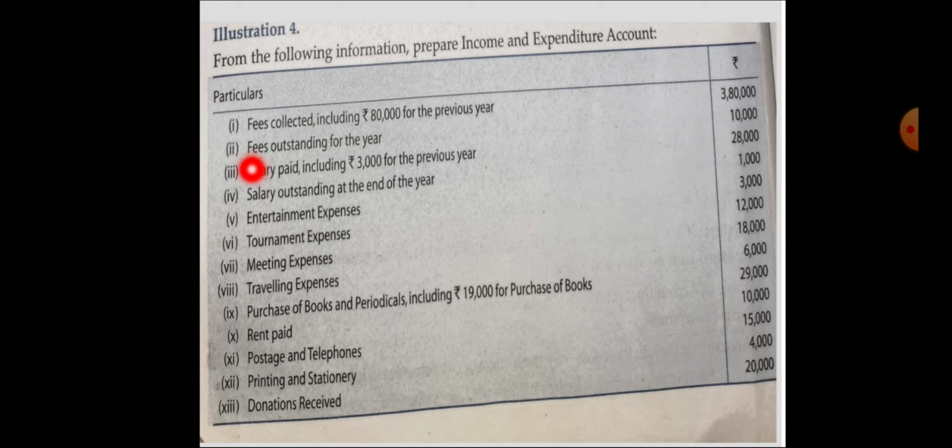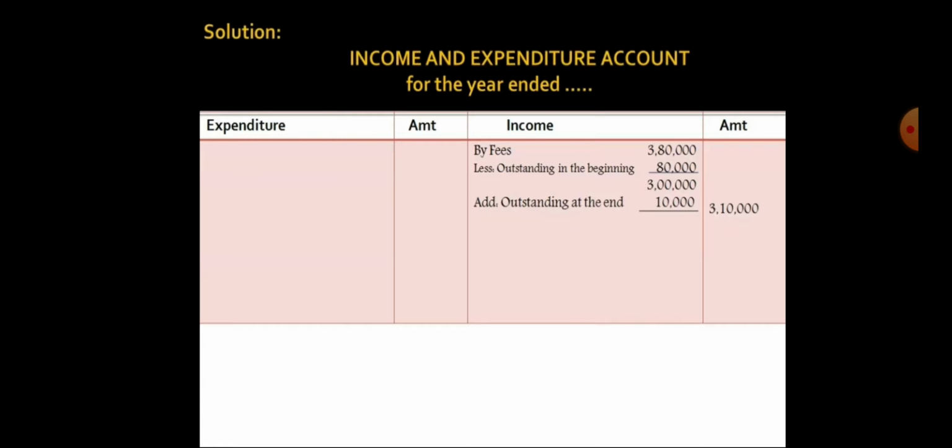You can see the second transaction, that is fees outstanding for the year. This fees outstanding means in this relevant year you have not received some of the fees. So outstanding fees for the current year is 10,000. This you have not yet received, so you have to mention that. Total fees given to you in the question is 3,80,000.